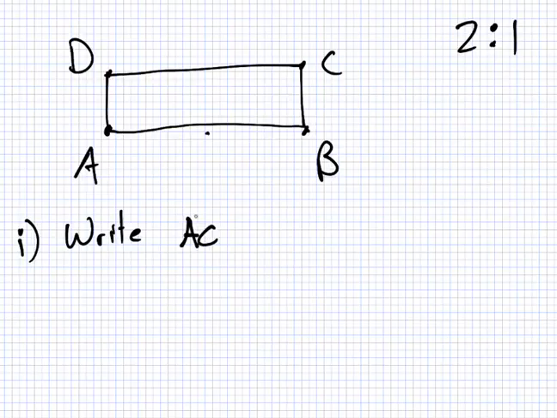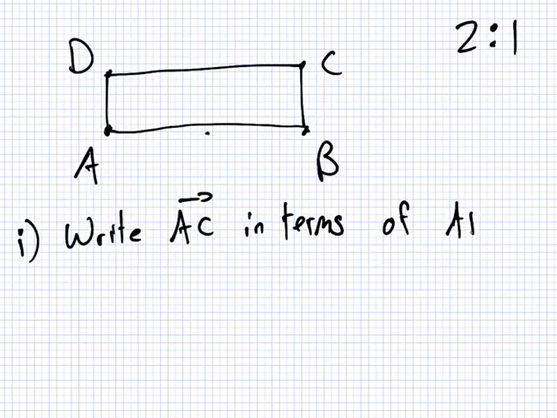So what I want you to do for me is, we'll do an easy one first. Write AC in terms of AB and AD. In fact, for all of these questions, I want you to write them in terms of AB and AD.